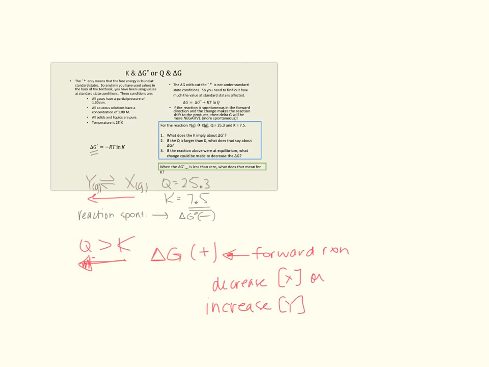When the delta G of the reaction is less than 0, what does that mean for K? So if delta G naught is less than 0, so it's negative, then K will be greater than 1. Because it's spontaneous, that means you're going to be making product.